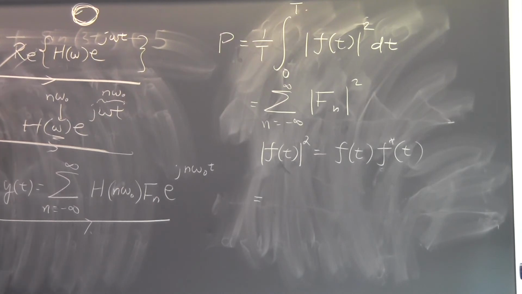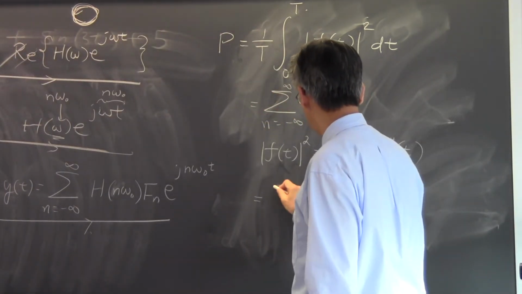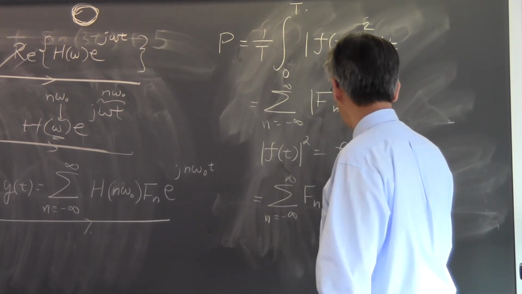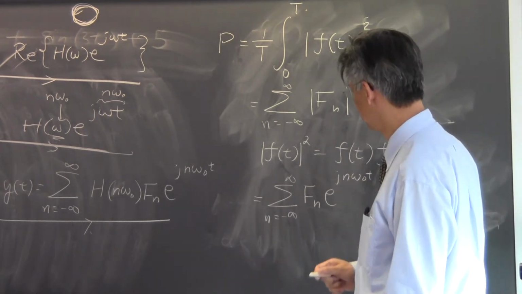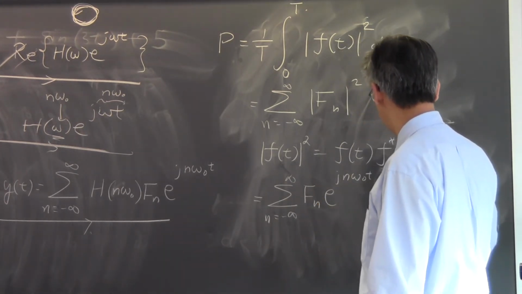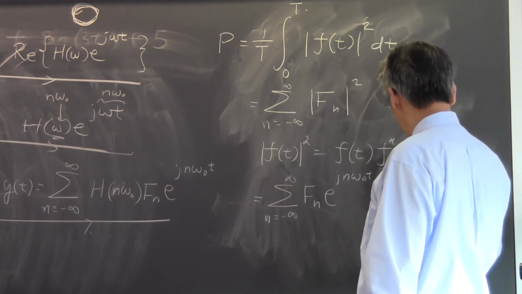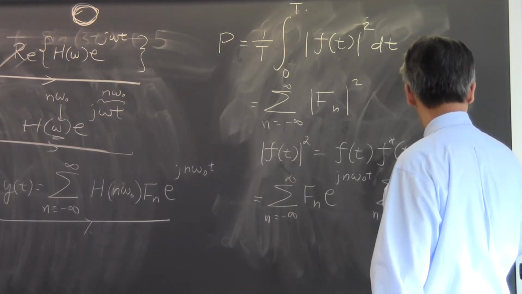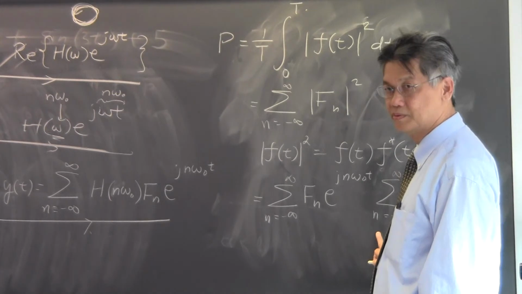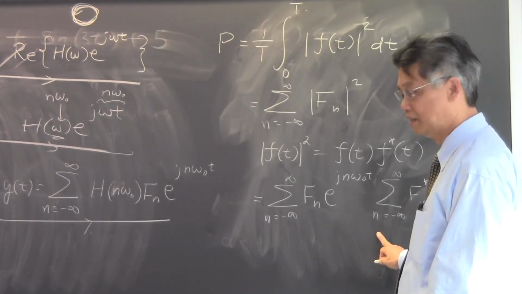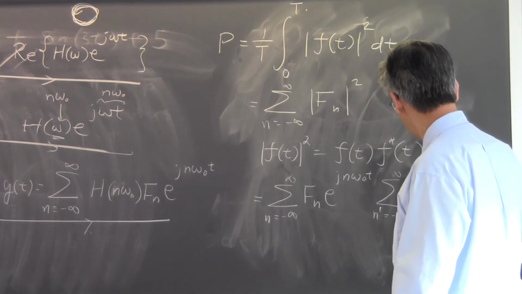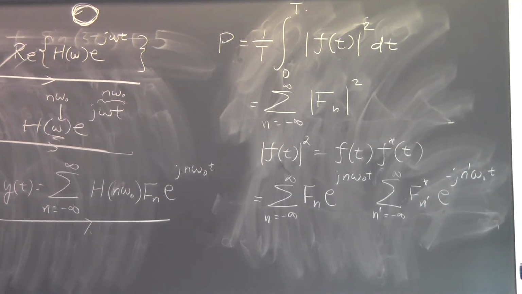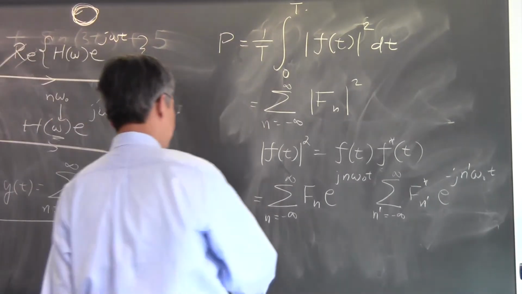So this would be equal to the sum, n equals minus infinity to infinity, of f of n e to the j n omega naught t, times another sum, which is conjugated. So it's f of n complex conjugate e to the minus j n omega naught t. But I better use a dummy variable that's different over here. I better call this n prime, so that I can mix the two summations together without getting confused.